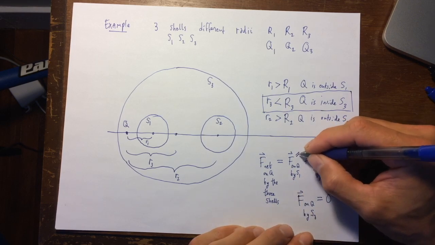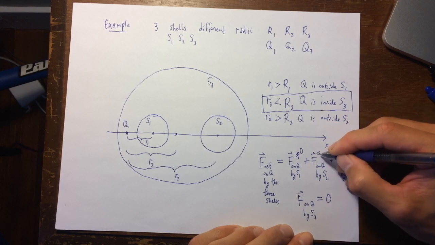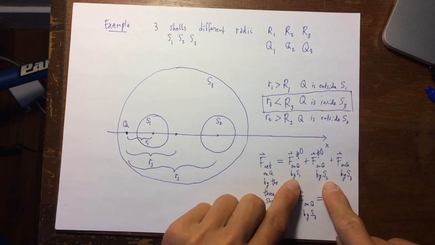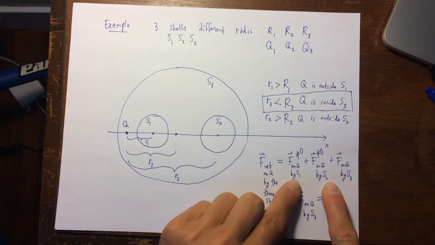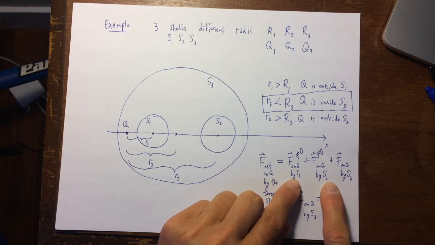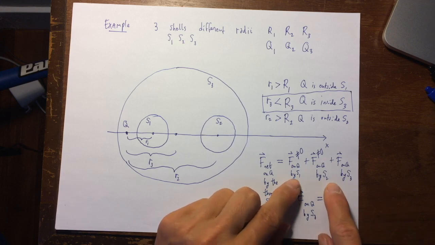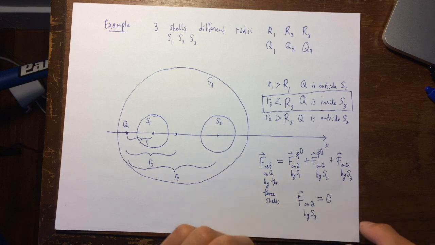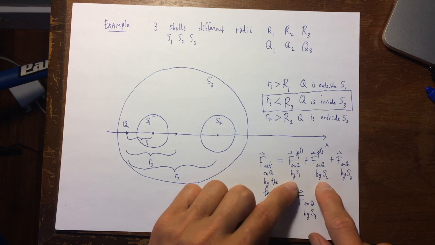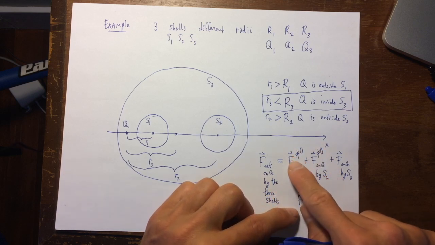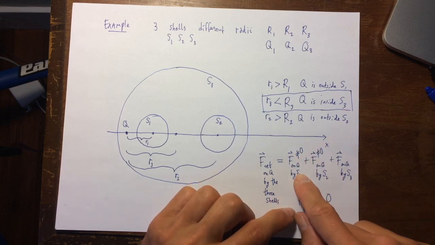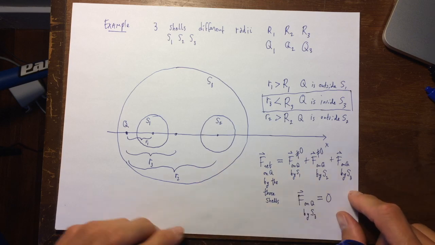So I'll have to figure this out, and I'll have to figure this out, but because they are spherically symmetric uniform shells of charge, they each have different charge distributions or net charges, and these two just amount to treating the shells like point charges is the idea.